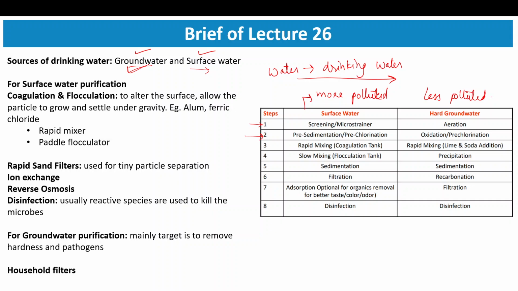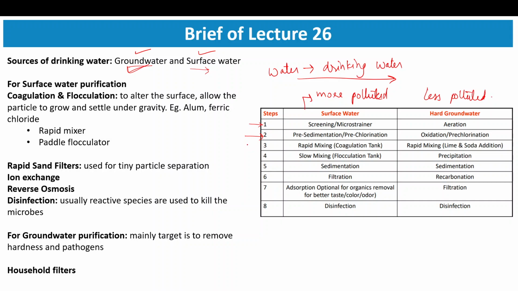All these treatment technologies are subject to what kind of characteristics are present in that particular region. It can vary a little bit for surface and groundwater, but for industry, we will talk later. It varies from industry to industry also.